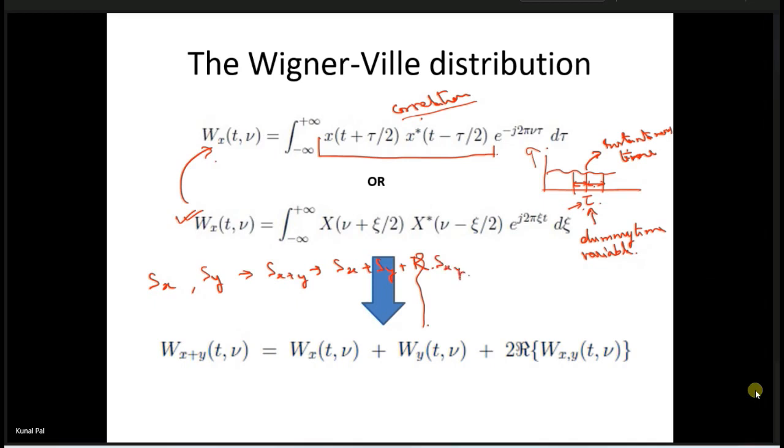Similarly, in the Wigner-Wheeler distribution, if you have two signals, say X and Y, combined to make a single signal, then you will get the Wigner-Wheeler distribution of X, the Wigner-Wheeler distribution of Y, and then there would be a cross term.